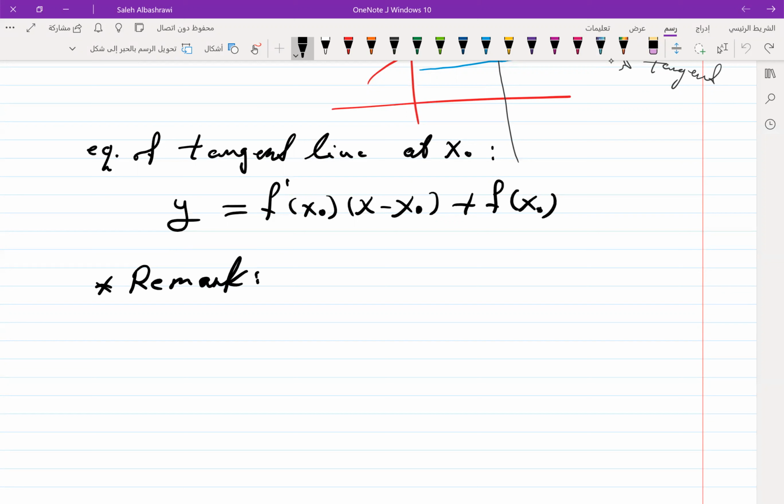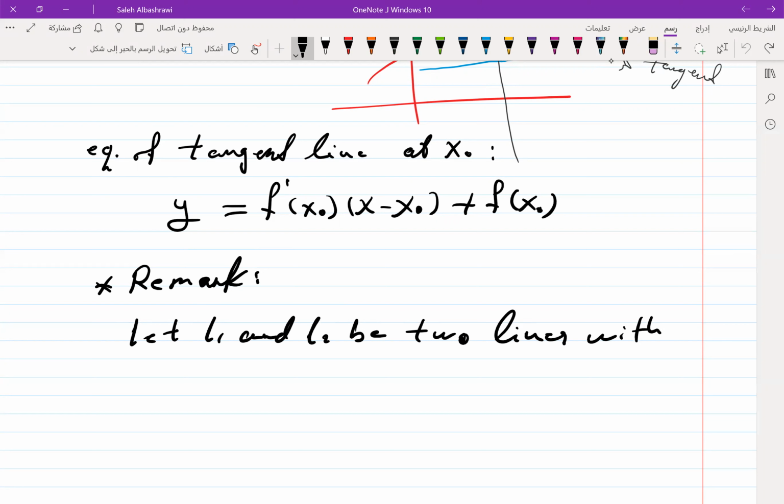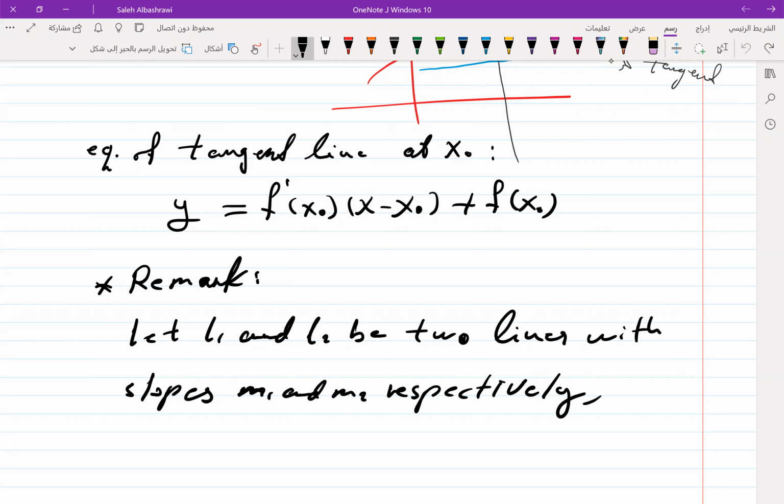From the diagram, let L1 and L2 be two lines with slopes m1 and m2 respectively.